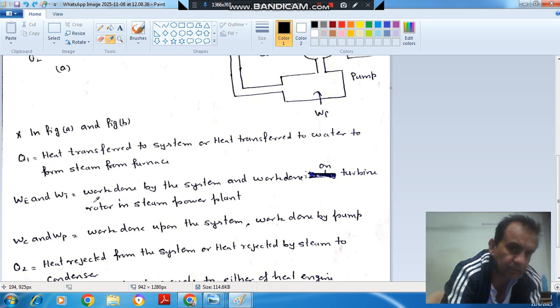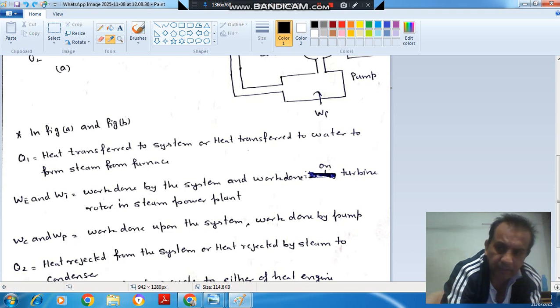That is your WE or WT. And WC or WP is work done on the system during compression, and work done by pump in case of turbine. So these are the work obtained and these are the work delivered to the system or pump.